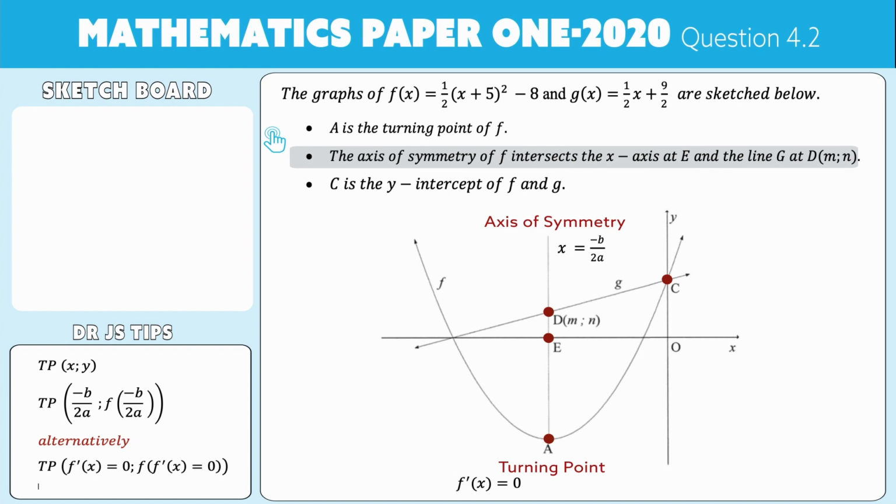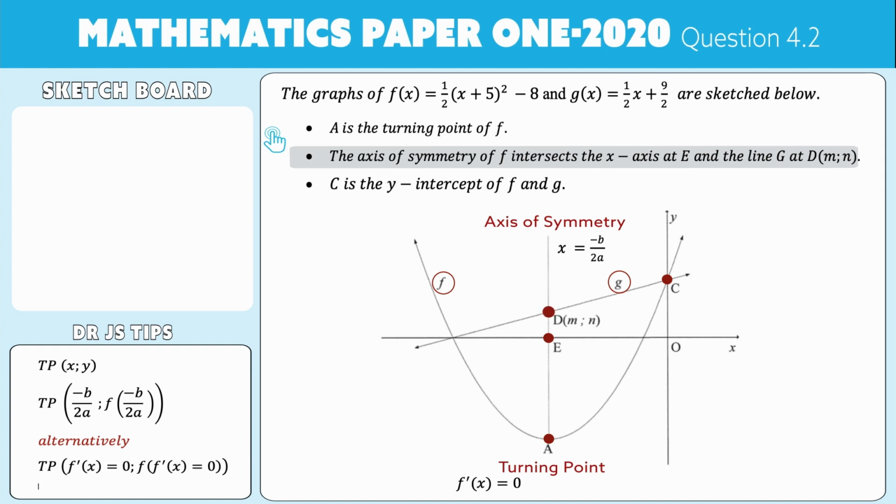Then it also says, remember we've got two functions here. We have function f, which is the parabola, and then we have function g, which is the line. And this axis of symmetry, they tell us, cuts the line g in the point D(m; n).